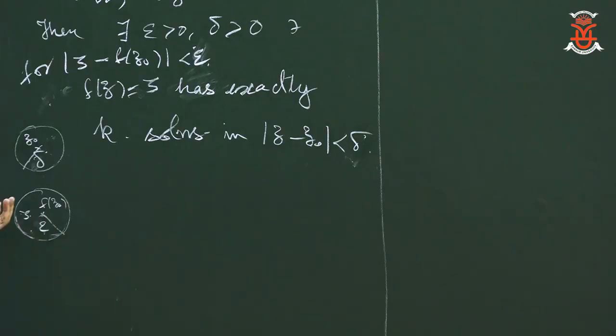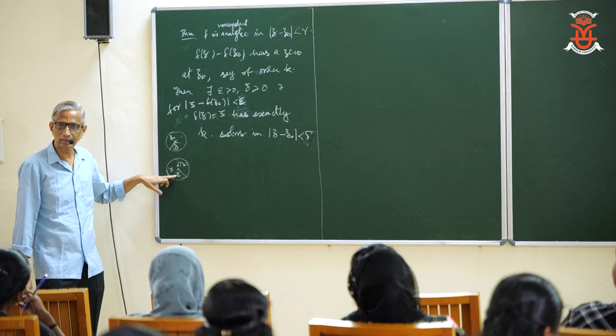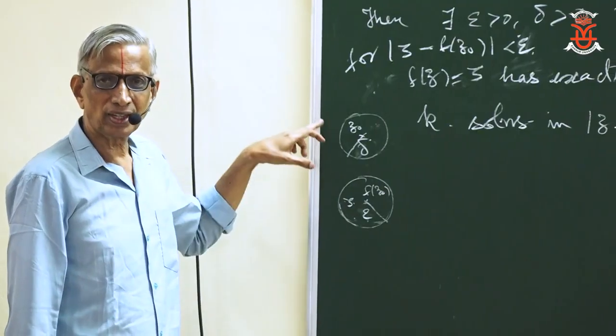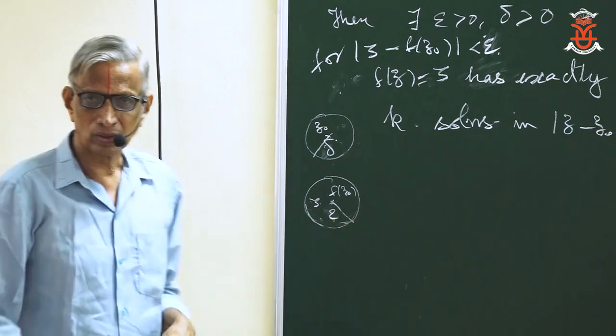So in particular, the image of this disk here is contained in this disk, right? If you call this u, this v, f of u is contained in v.